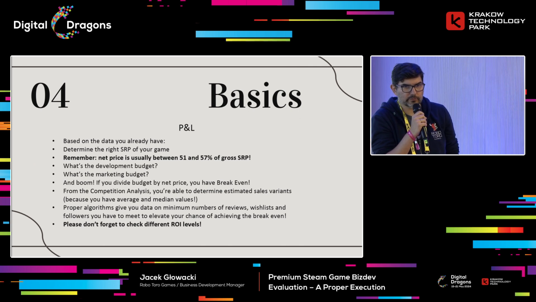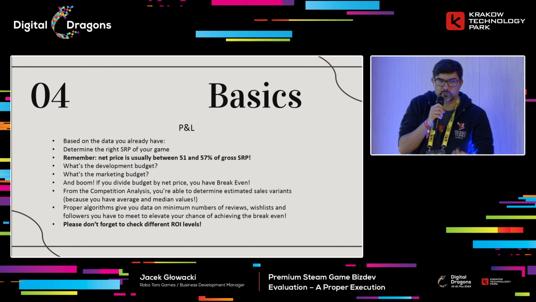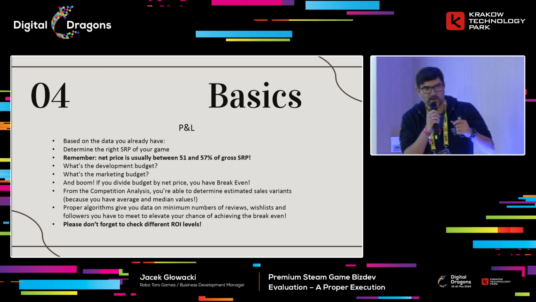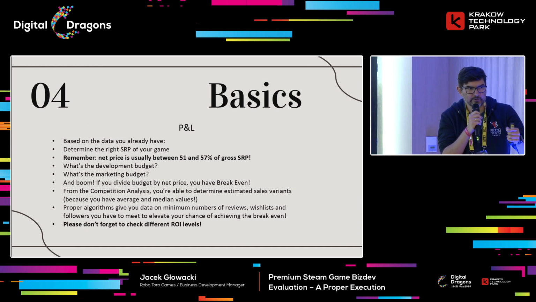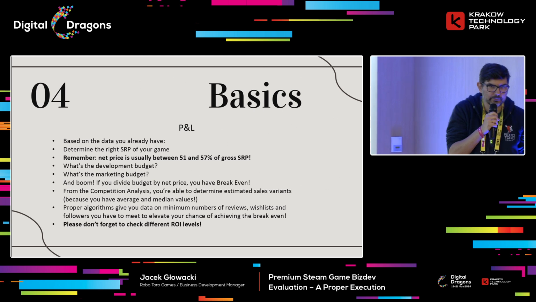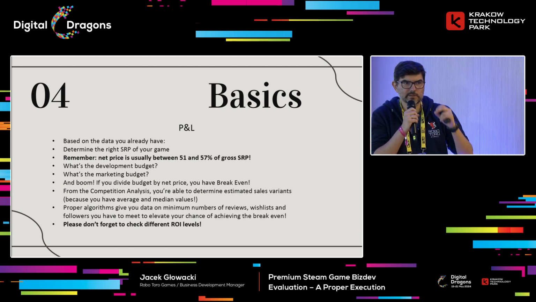Because something is wrong with our budget, because the chances that we achieve this break-even are statistically very small. I'm not saying it's not going to happen. I'm saying that the chances are low.